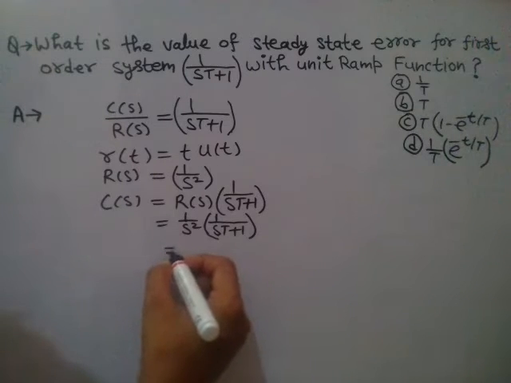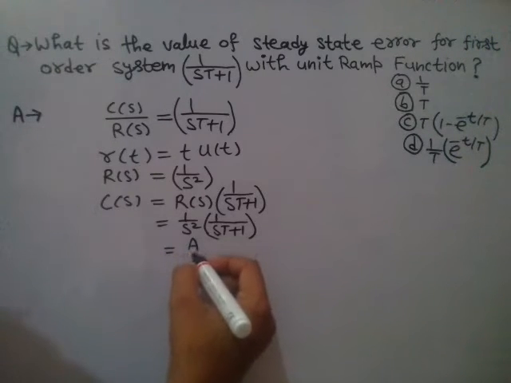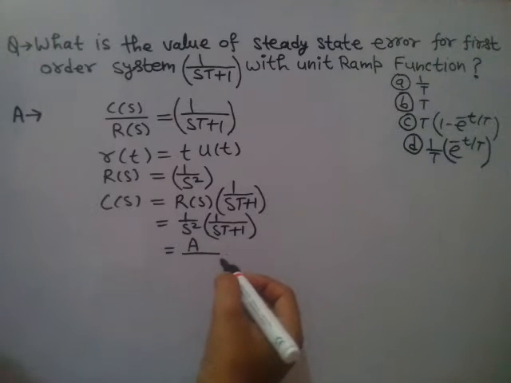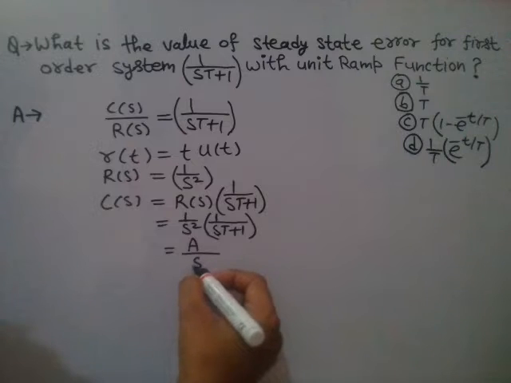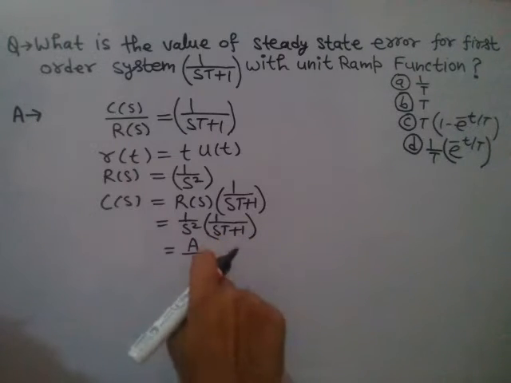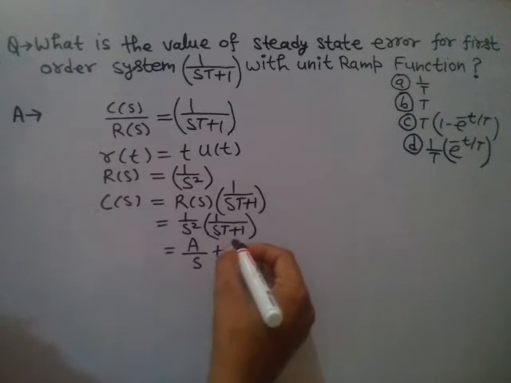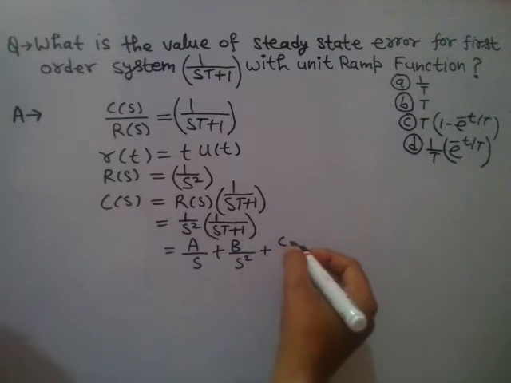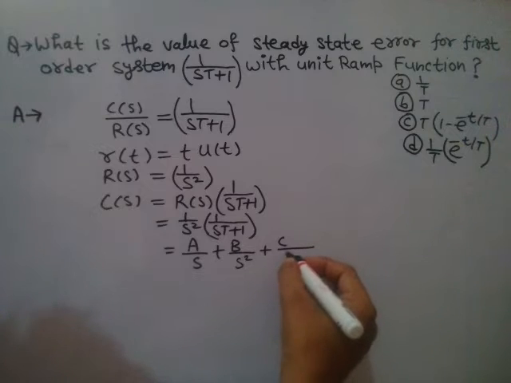So let us do the partial fraction: A by s plus B by s square plus C by sT plus 1.